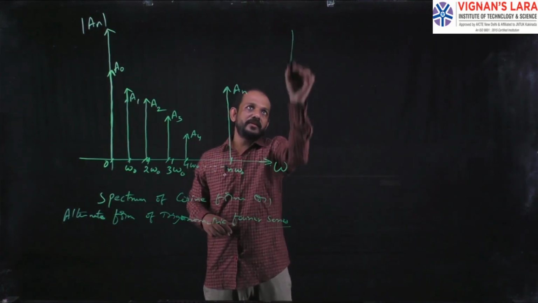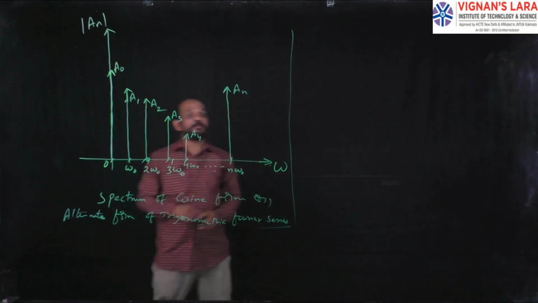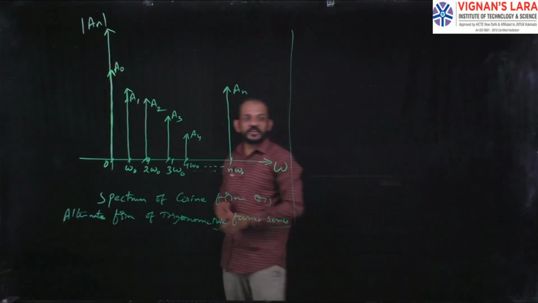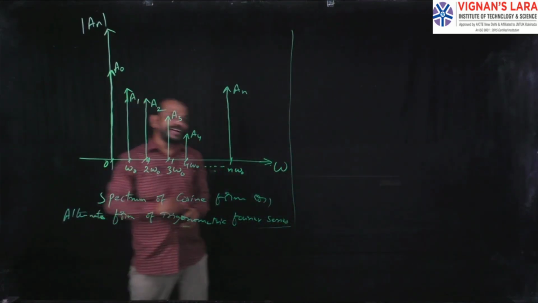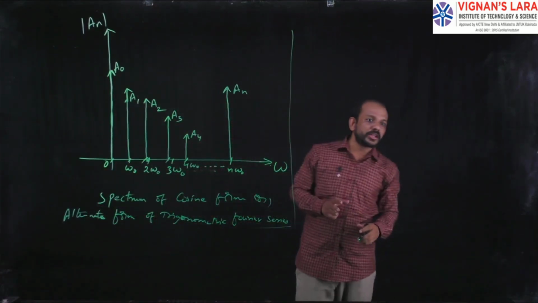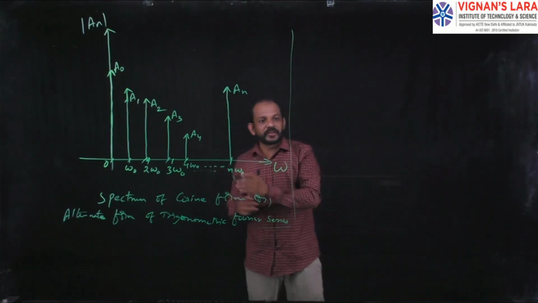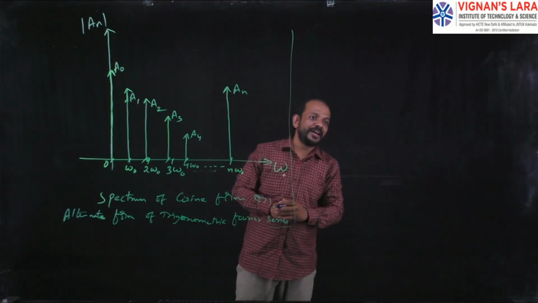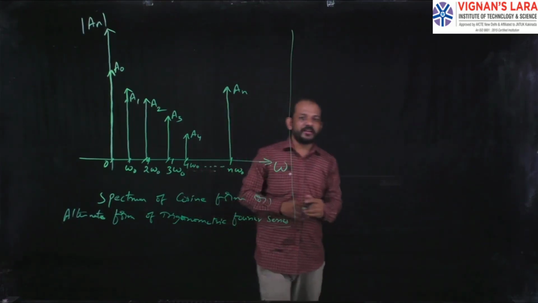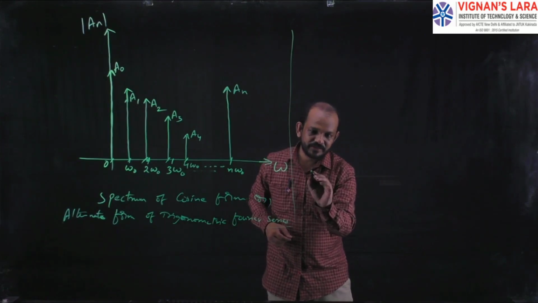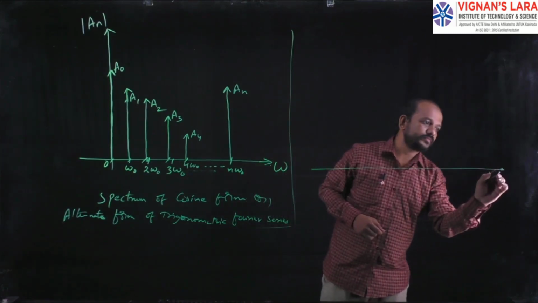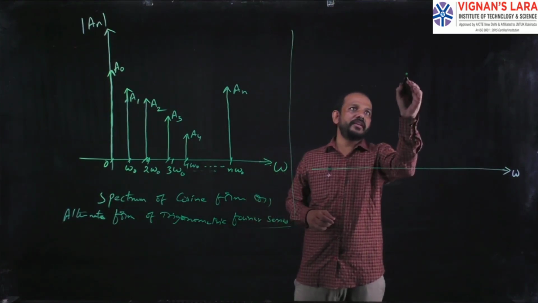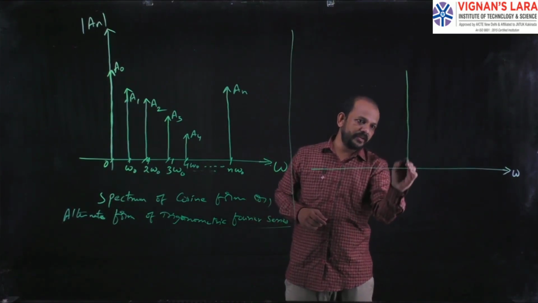In the same way, we can go for the spectrum of the complex exponential Fourier series. In that we have the Fourier coefficients for both positive and negative frequencies. Hence this type of spectrum is called a two-sided spectrum, or double-sided spectrum. So here the frequency is for both positive and negative, hence I have to draw the line at the middle.